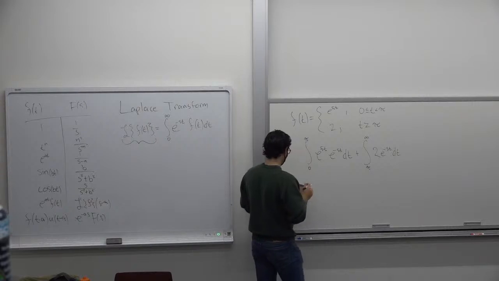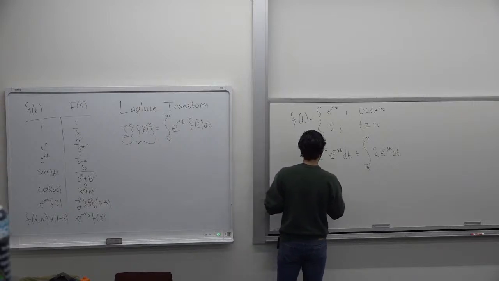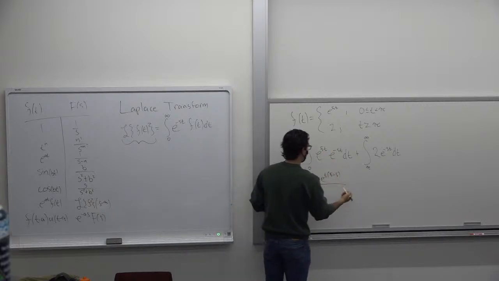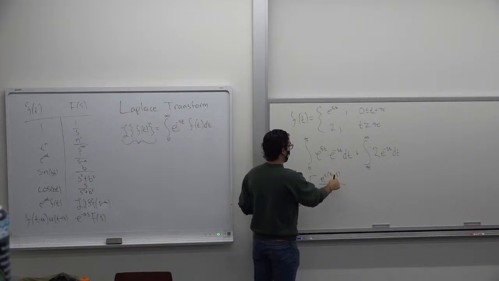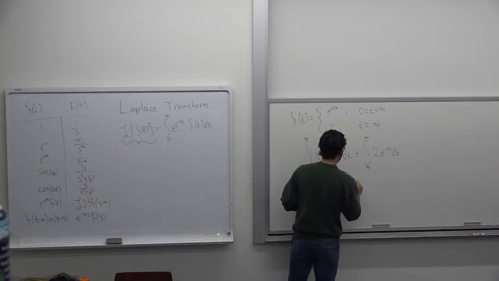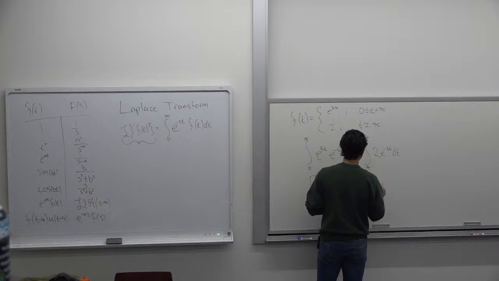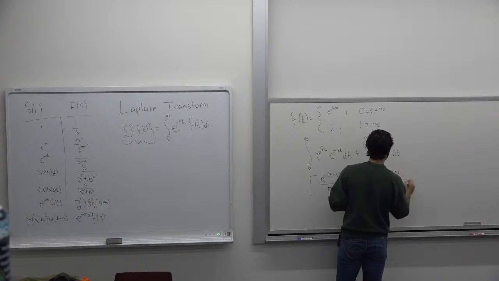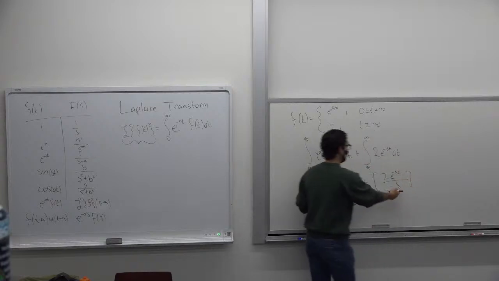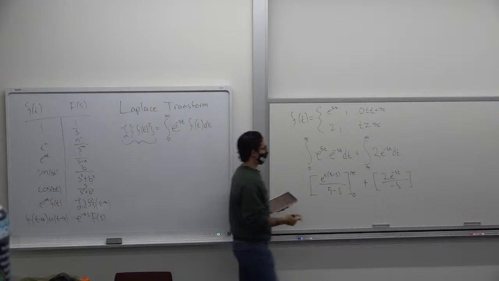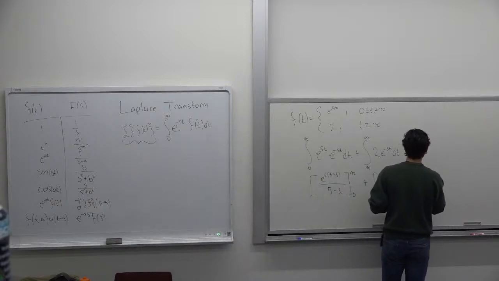So when we integrate this, we're going to have e to the t times 5 minus s, with the du being 5 minus s in the denominator from 0 to pi, plus, same thing here, this is our constant from our du part, and this is from pi to infinity.